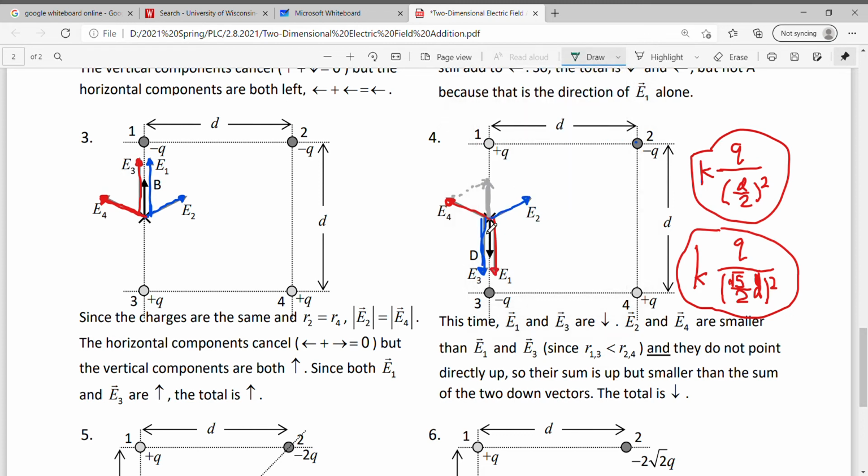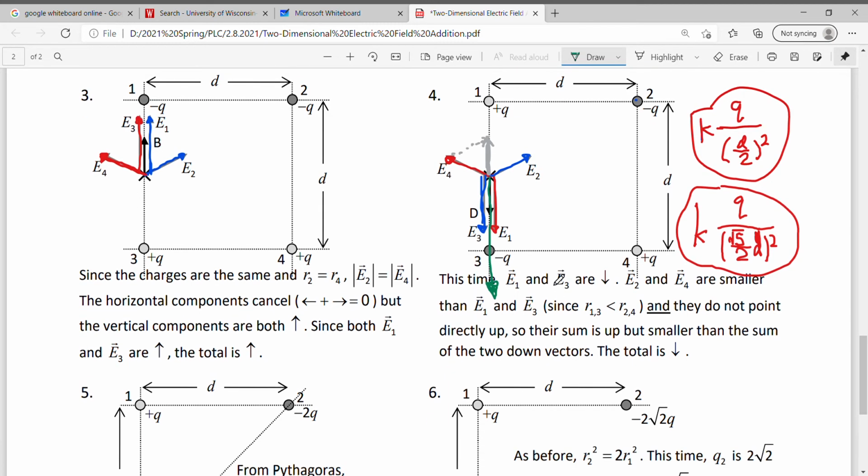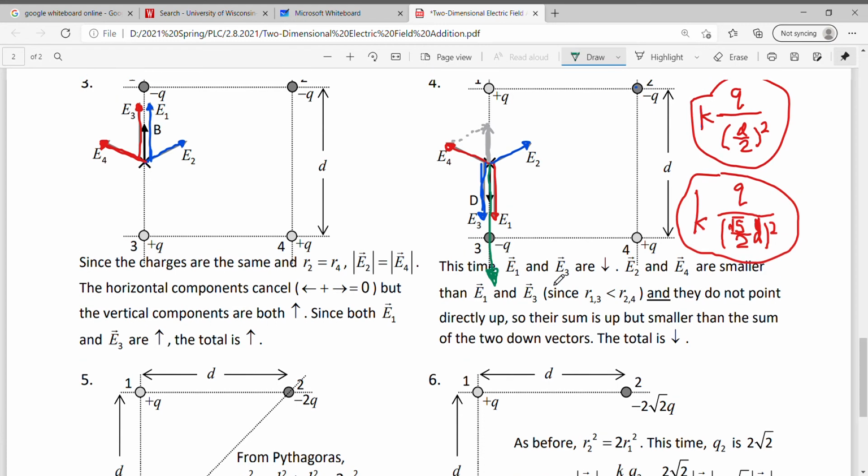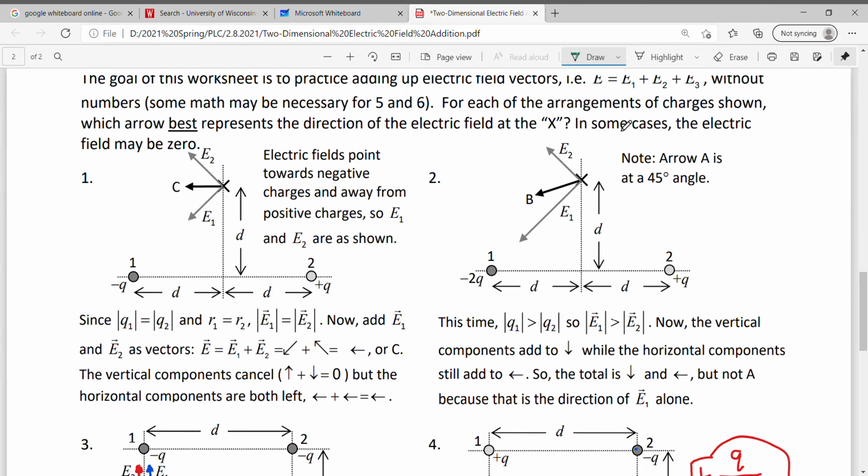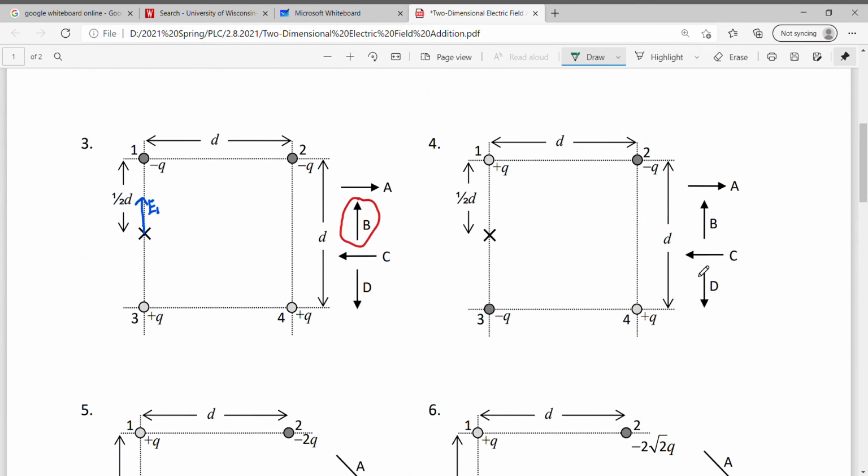Okay, green. And e1 plus e3 will be this long. So I just want to show you that e1 plus e3 is larger than e2 plus e4. So here we should choose pointing down. We have this d.